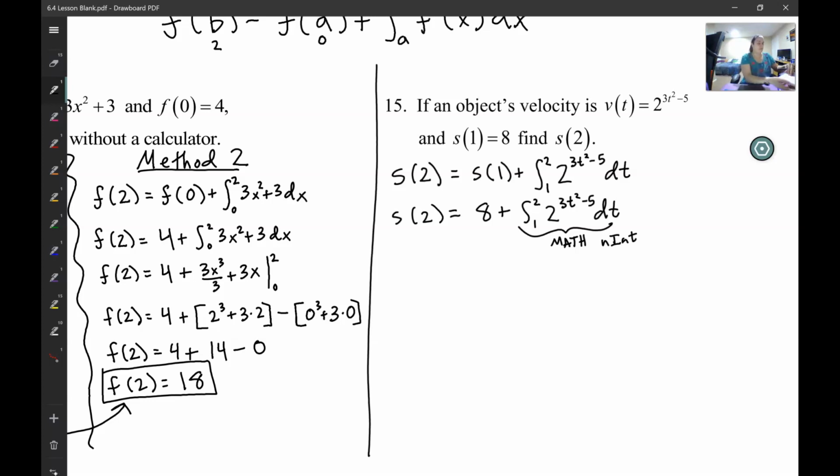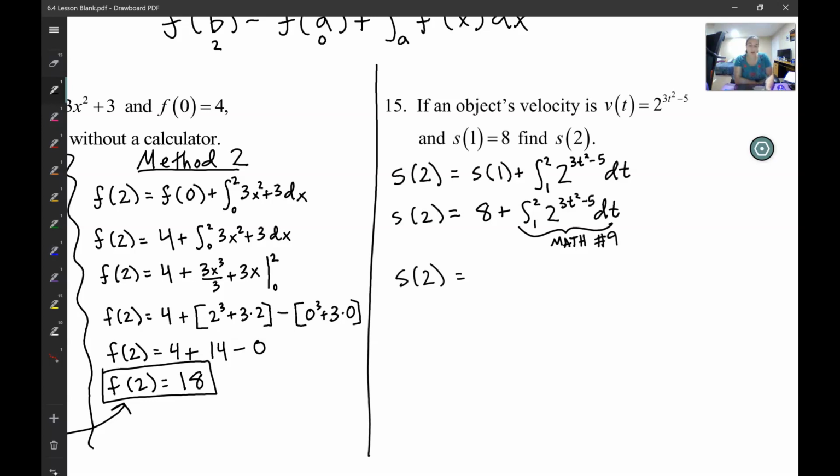Actually, is it fnInt? Let me double check. Number 9, f-n-i-n-t. So we're just going to put number 9. And then just plug that into your calculator. That's what I would do. We can't find that one by hand. This would not be a non-calculator question.